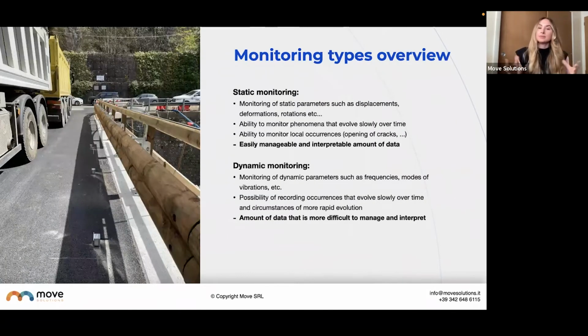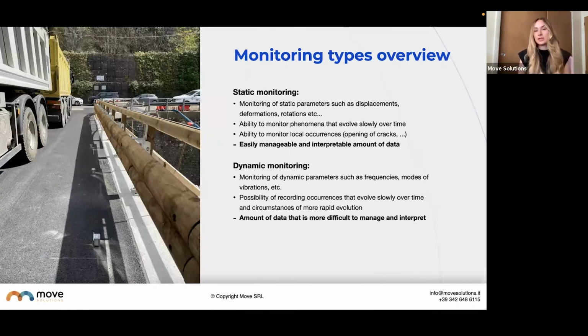So the monitoring types overview. I keep talking about dynamic monitoring. There are two main categories: static monitoring and dynamic monitoring. Understanding the difference between these two types of monitoring is really important, because most of the monitoring systems you come across, especially the wireless ones, are static monitoring.